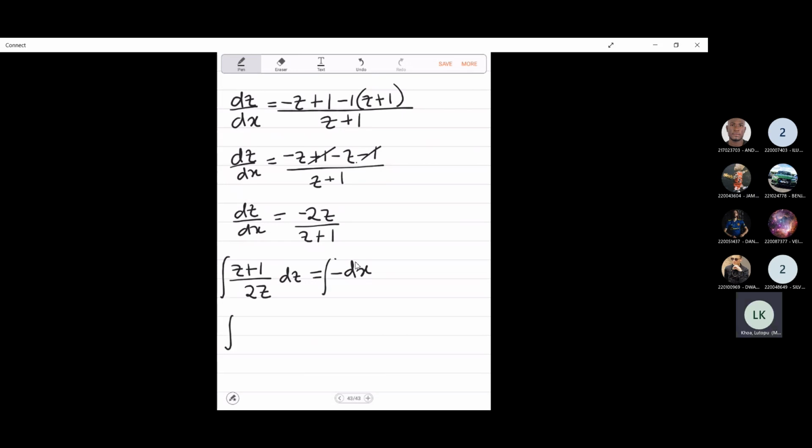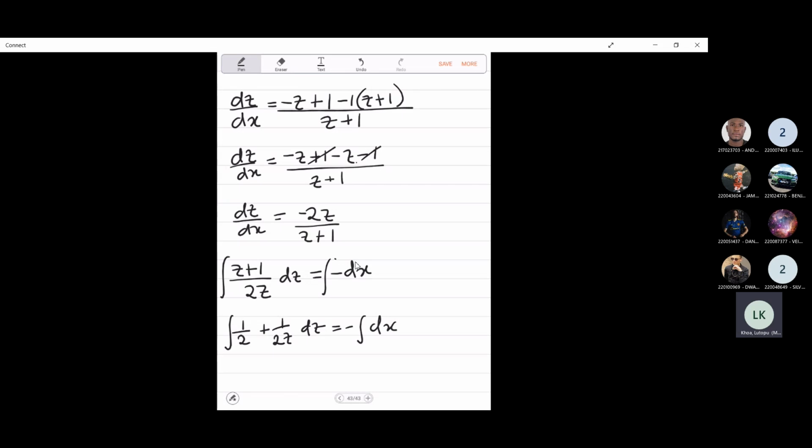This is the integral of half, or just half anyway, plus 1 over 2z dz, and minus the integral of dx.